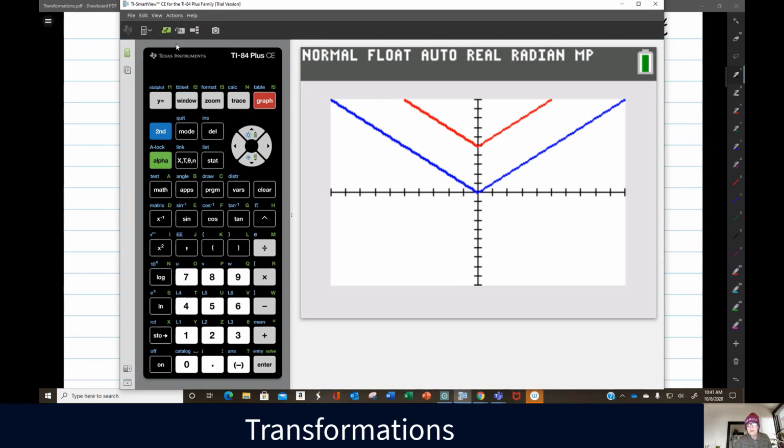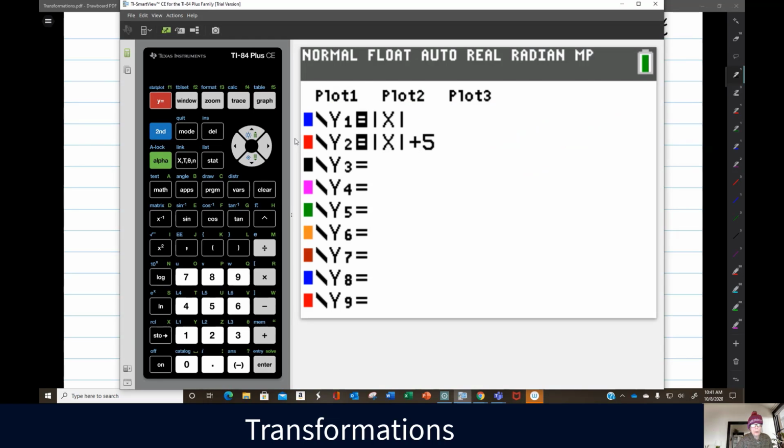If I want to move the blue graph down 5 units, then I'll do the same thing. Here. So I'll come down to Y3 and math, right arrow, enter. Okay, and I'll put an X, and I have to come outside the absolute value bars, put a -5, graph.